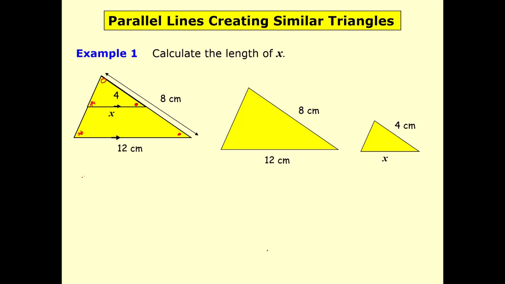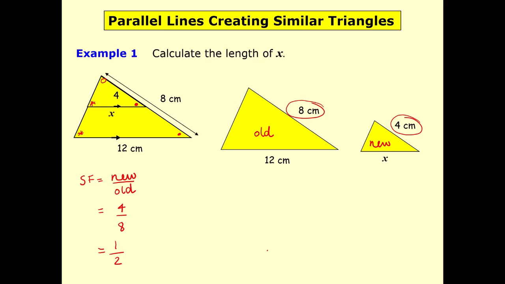As before, we're still going to go ahead and calculate our scale factor, which is new over old. We're trying to calculate x on our new shape, which makes the larger one our old shape. So our new corresponding side is 4 over 8, and we can simplify that to become 1 over 2, or a half.